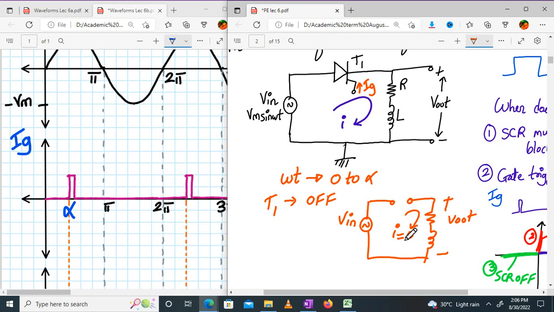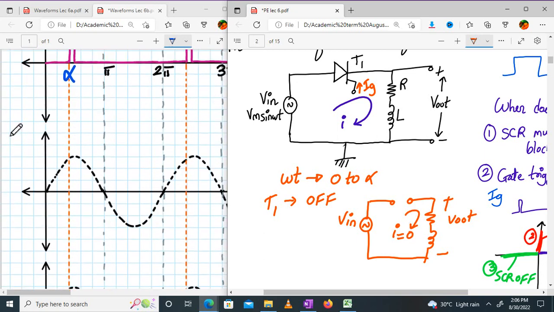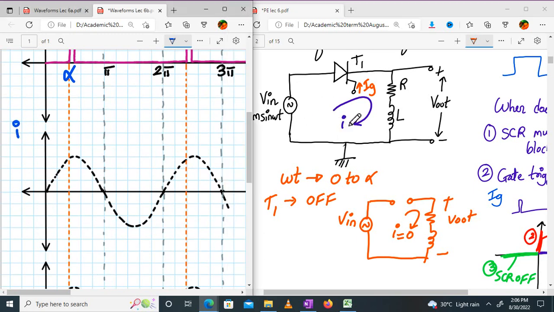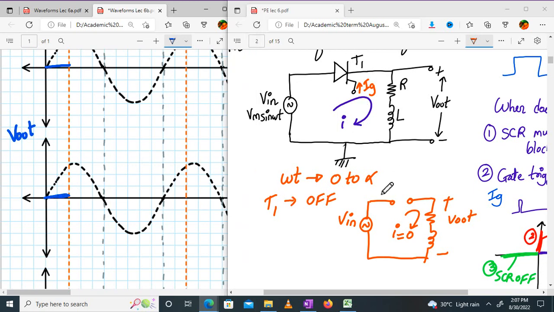Okay? Correct? So simultaneously, if I draw current I over here, that current will be 0 from here to here, right? Before alpha it will be 0. What about my voltage across the output? Zero. Correct? What will be my voltage across the SCR?